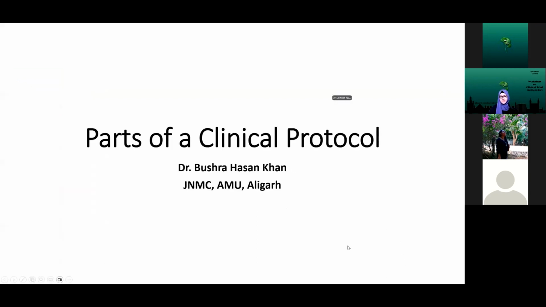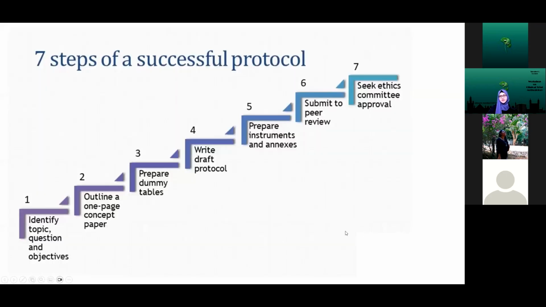So we'll begin with the parts of a clinical trial protocol. There are various steps for making a successful protocol. First of all, we identify the topic. Then we design a question and the primary and secondary objectives and various other objectives if you want to do the study. And then we outline a one-page concept paper, which is usually a thought process of how you're going to conduct the study.